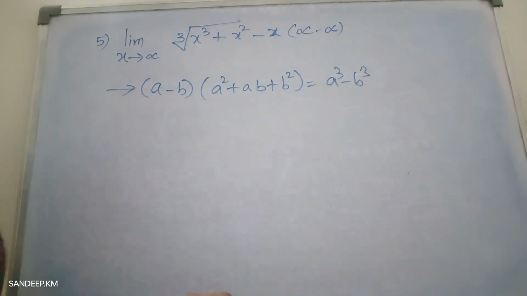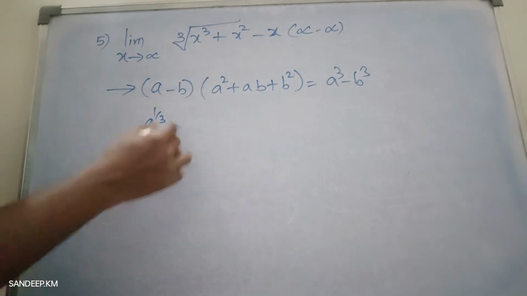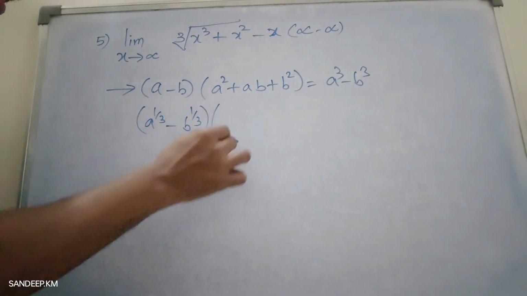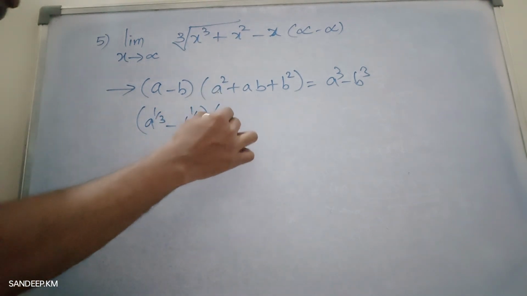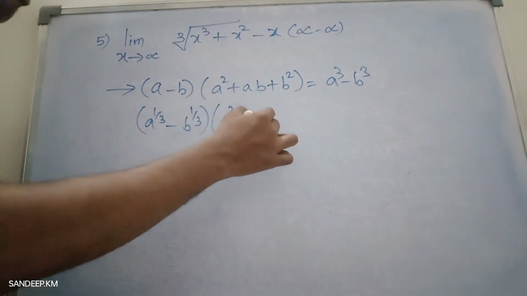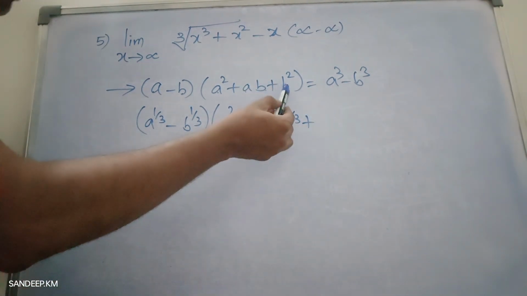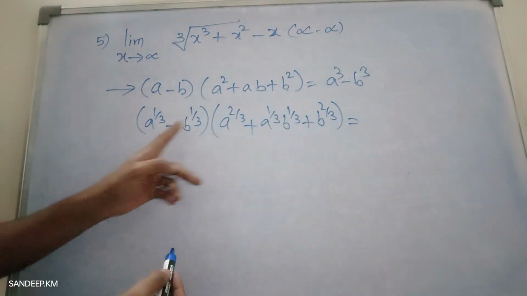If that is the case, instead of a, if I take a power 1 by 3, and instead of b, if I take b power 1 by 3, then what happens? A power 1 by 3 whole square means a power 2 by 3. A becomes a power 1 by 3 into b becomes b power 1 by 3. And b power 1 by 3 whole square will be b power 2 by 3. So what is the product of this and this?